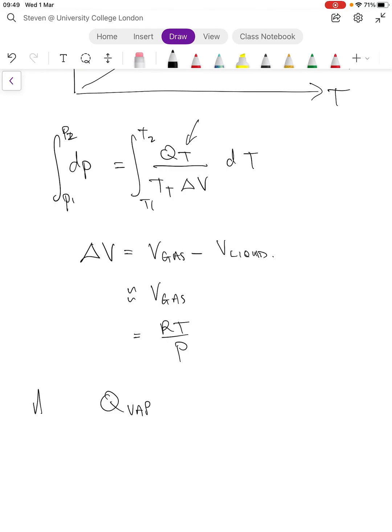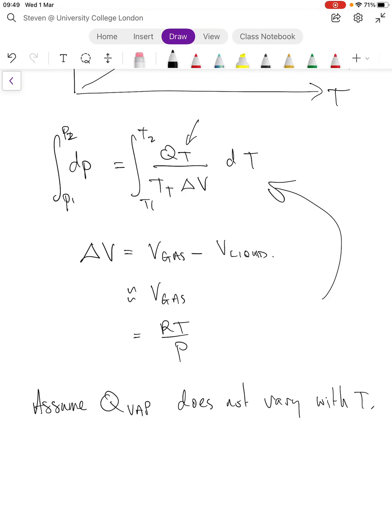So we assume the latent heat of vaporization does not vary with temperature. And this turns out to be a fairly good approximation.